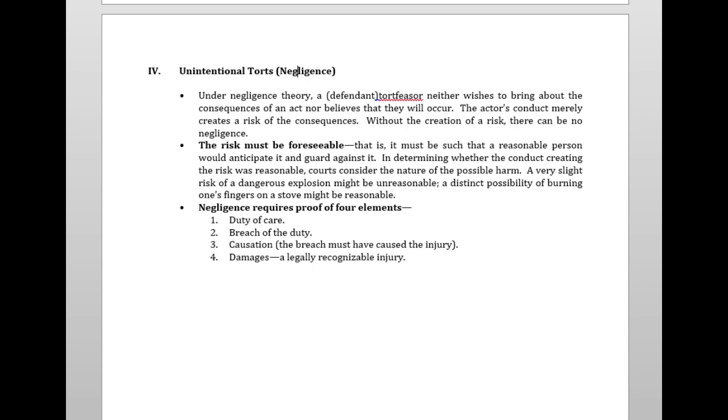So the risk must be foreseeable, and I guess the best way to explain all of this is to give you an example. Let's say you have a retail store, and you own the retail store. You are inviting people into your business, so the store should be safe.